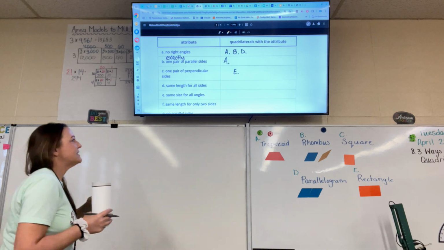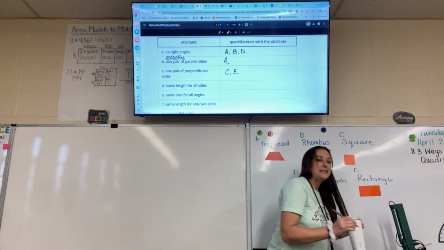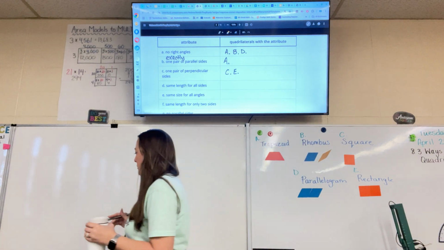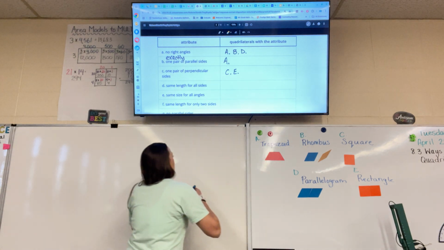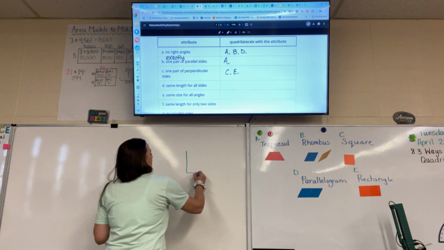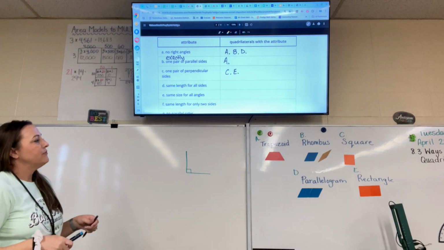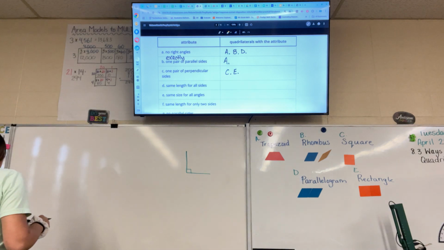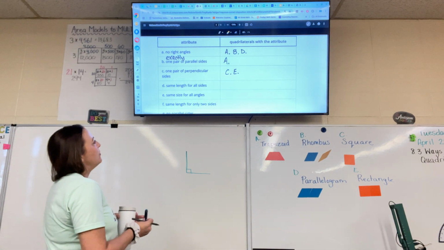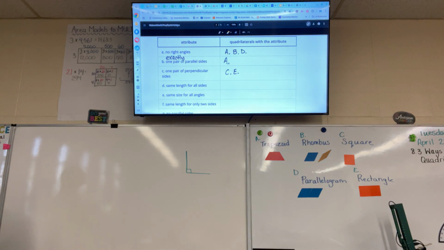Oh, C. All right, so the ones that have perpendicular sides, remember, perpendicular sides are sides that match up in making a right angle, okay? So the only two figures up there that have right angles are squares and rectangles. So C and E.